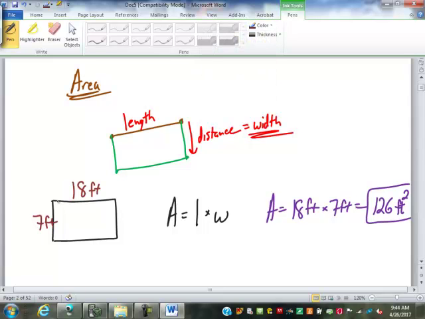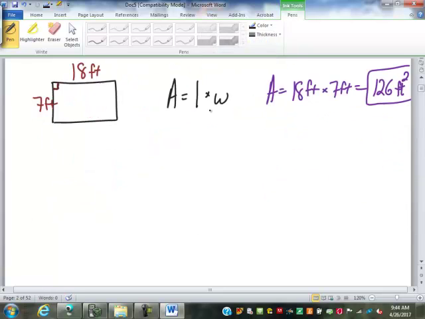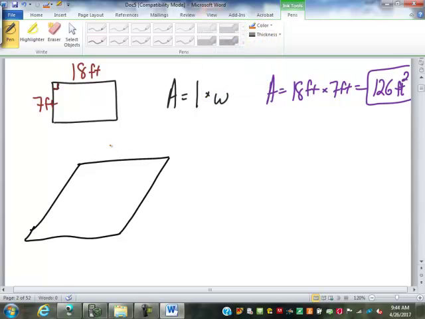Now this was a rectangle. I didn't draw in the right angle, but I told you it was a rectangle. It does not have to be a rectangle to find its area. But to find area, we do have to use two dimensions that are perpendicular. So I might be told that this up here is, let's say, 10 feet.